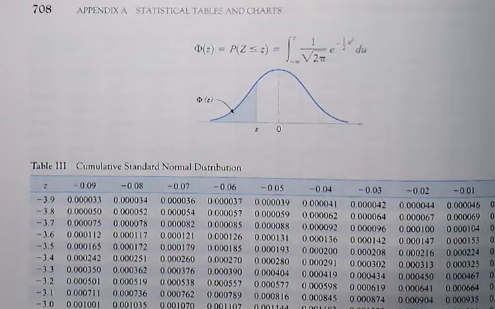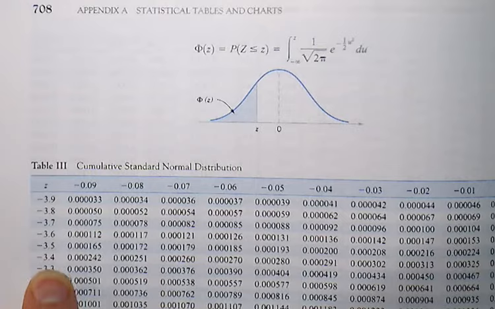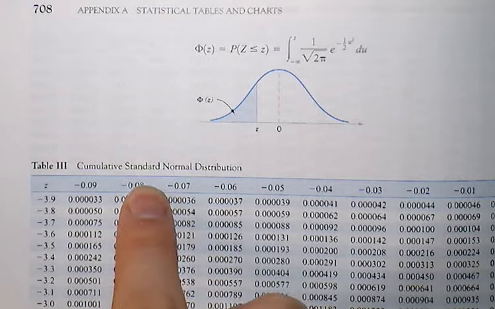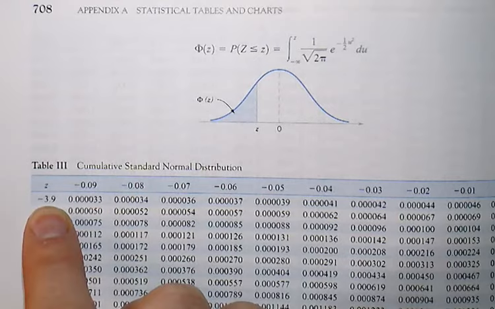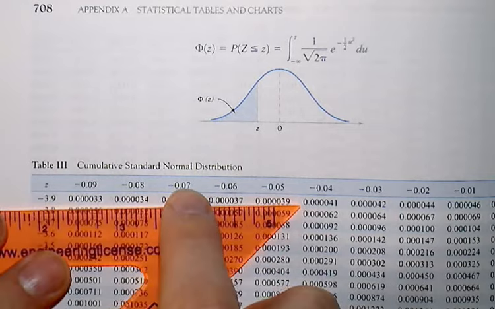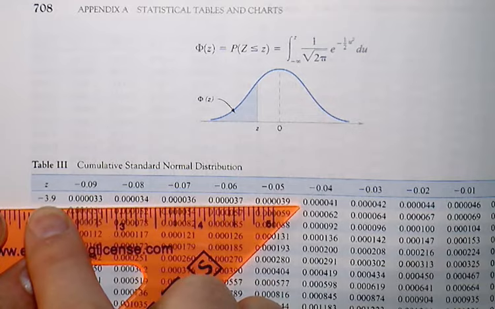And the way you read this table is that you've got the stem of the z over here, and you've got the leaf going out in this direction. So if my number was minus 0.397, I would take minus 0.39 and I would come over to 0.07. So the column heading and the row heading are added together to get you your z value.